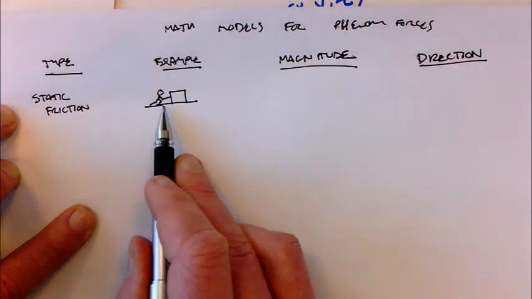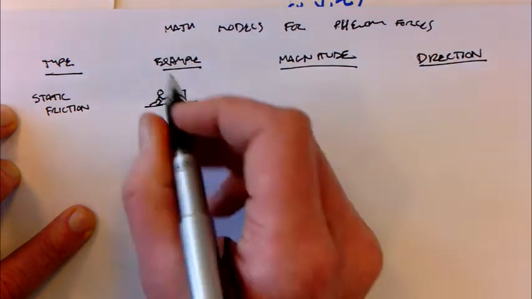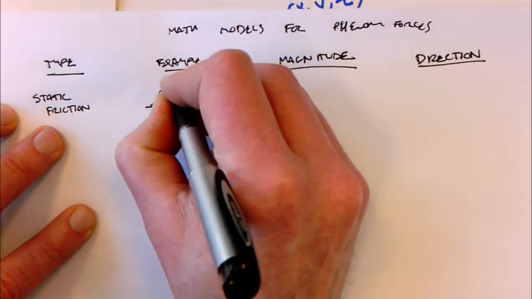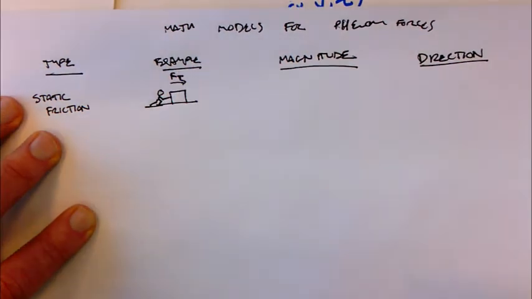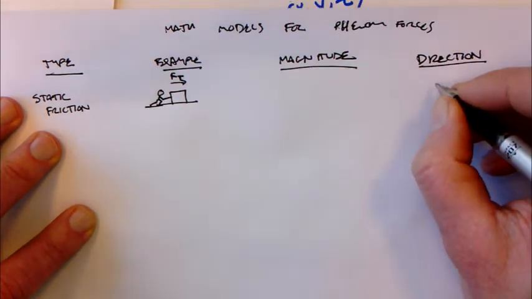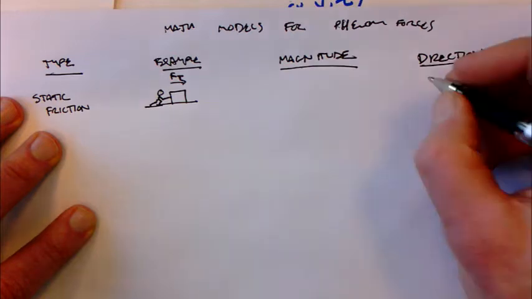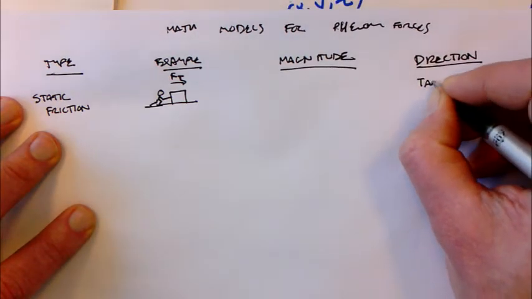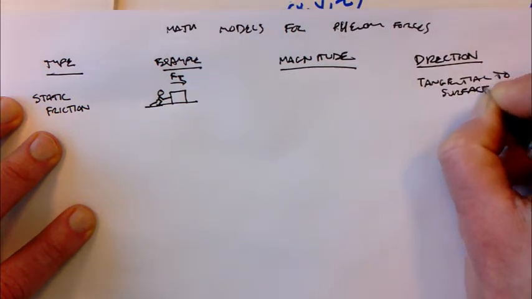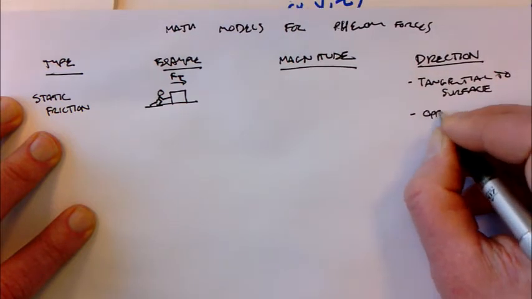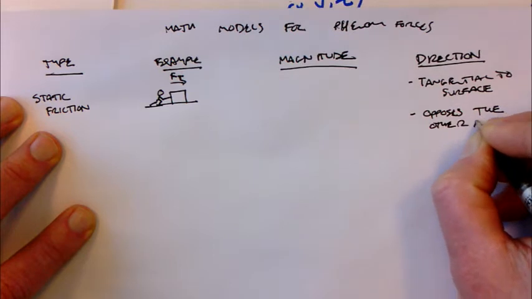We can think about direction pretty easily. If I'm pushing on this object with f sub t, the force that's tangential to the surface, the frictional force acts opposite whatever force I am applying. So the frictional force is first of all tangential to the surface, and it opposes the other applied tangential forces.